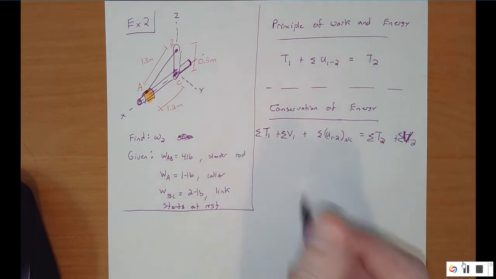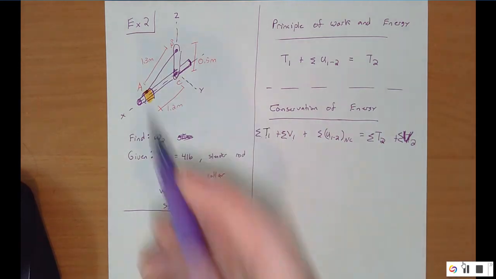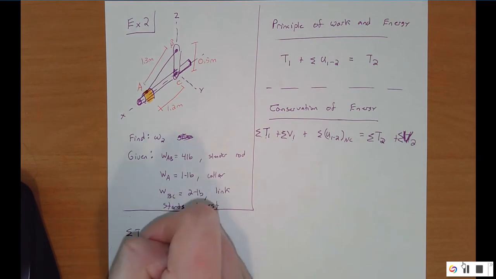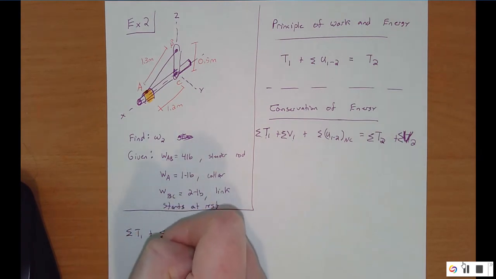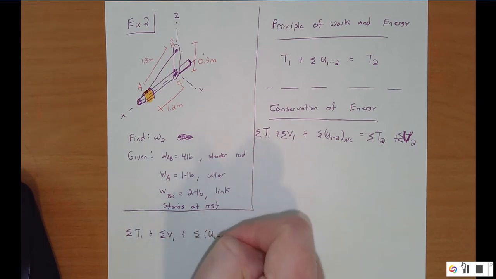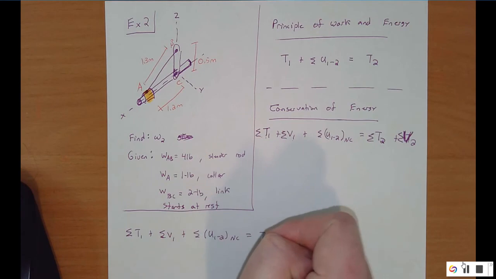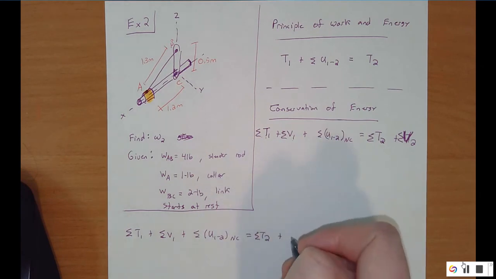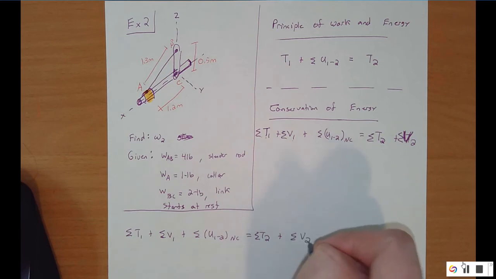All right, so we're going to use this equation here. Sum of the T1, sum of the V1, sum of the work 1 to 2, not conservative, equal to T2, not work, kinetic energy, and then potential energy.